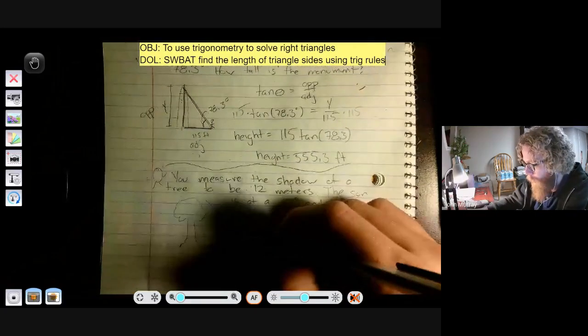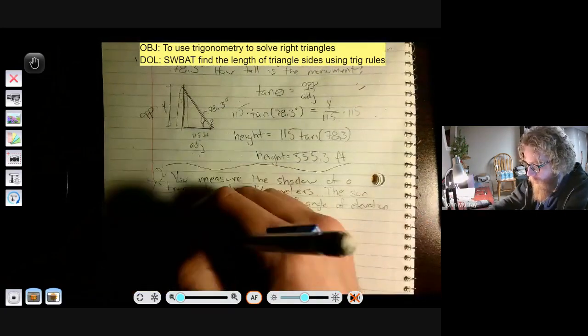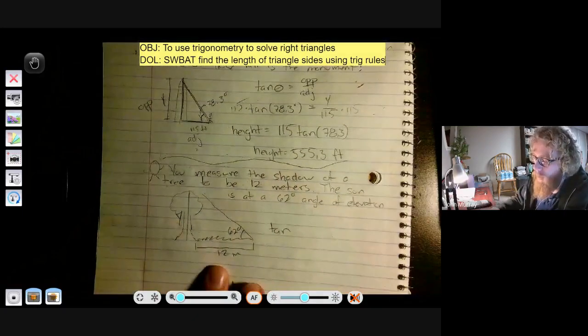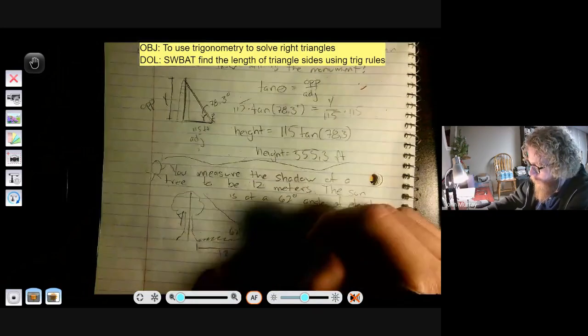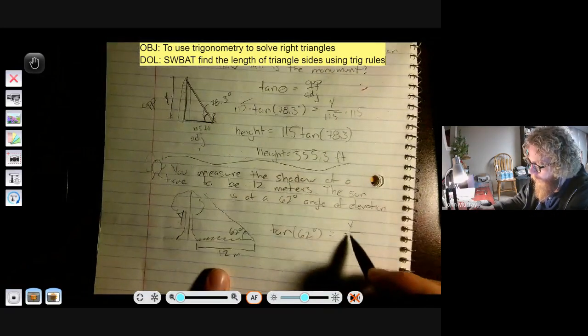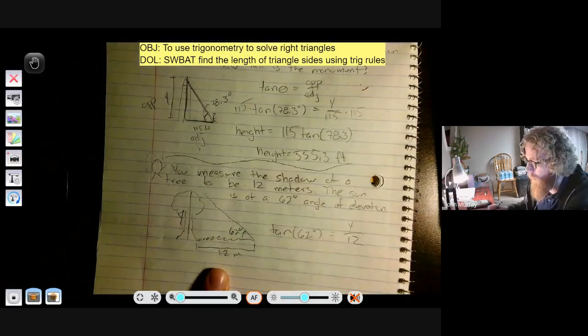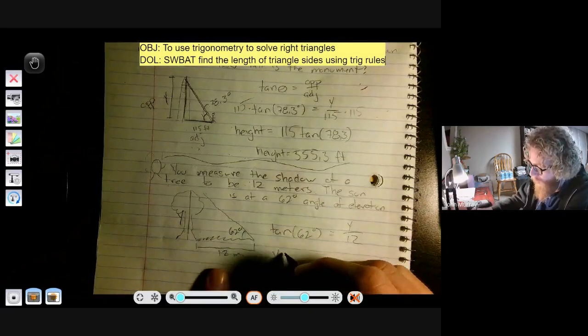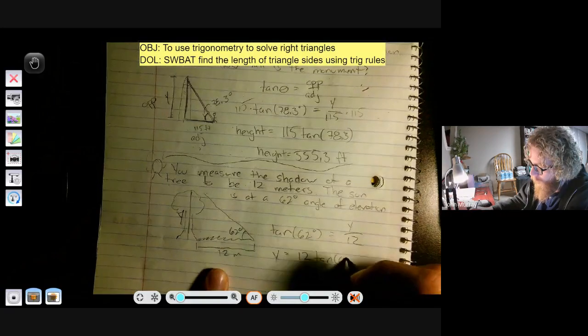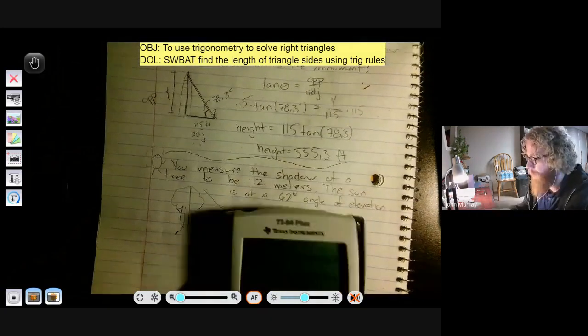So our setup: I'm looking for the opposite, I have the adjacent, so I'm going to be dealing with tangent. The tangent of 62 degrees is going to be the height of the tree over 12. Or we can say that the height of the tree is going to be 12 times the tangent of 62 degrees.